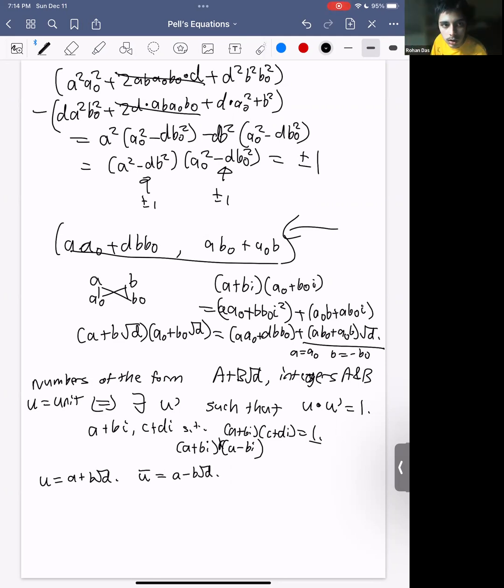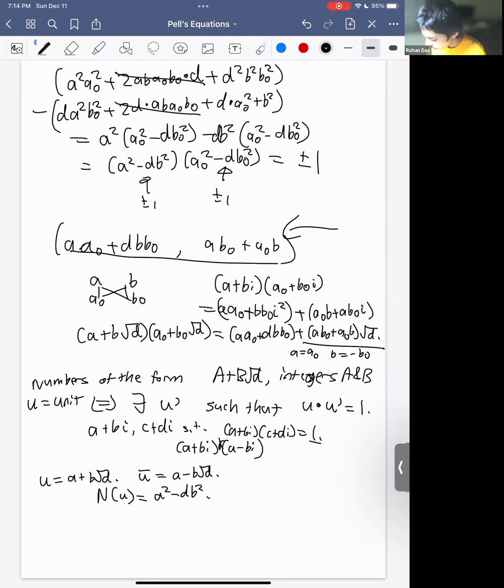In the complex numbers, you would define the magnitude of u to be the square root of a squared plus b squared. But first of all, square roots are a bit harder to work with, and second of all, we're going to need to involve d in some way. So instead we call the norm of u a squared minus d times b squared.